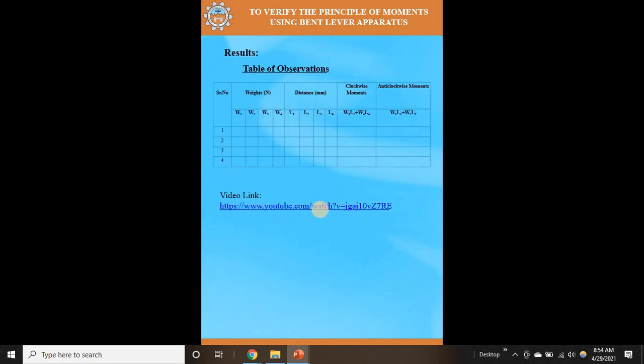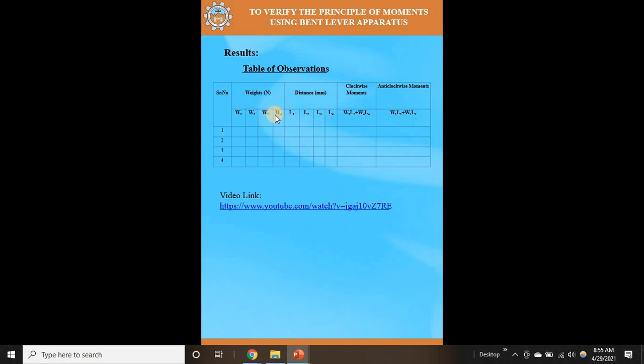So here is the table of observations and results. You have 4 weights, W1, W2, W3, W4. You will note them down here, and then L1 corresponding to W1 from the pivot point, L2 corresponding to W2 around the pivot point, similarly L3 and L4.